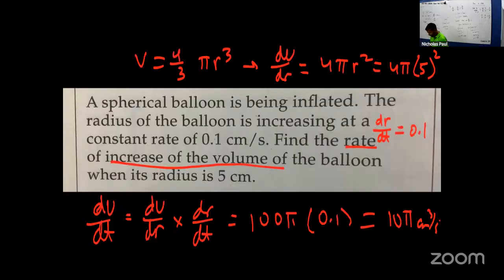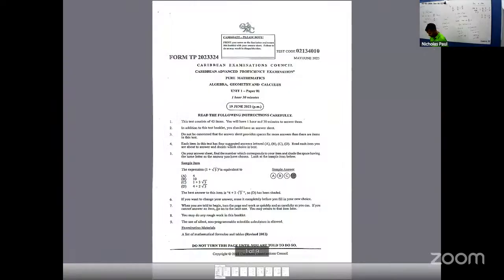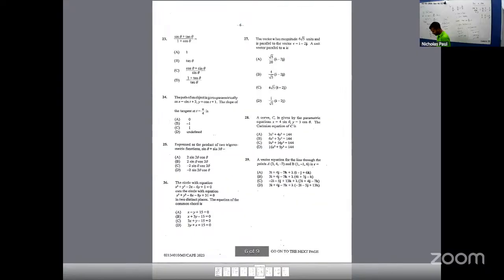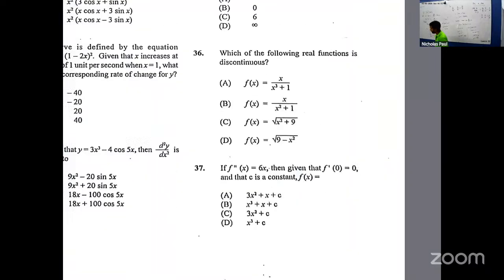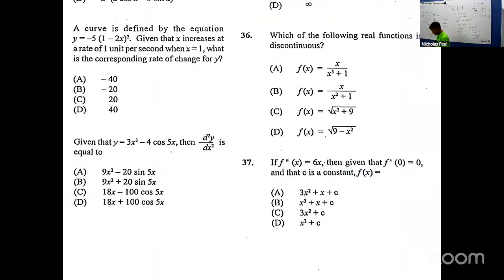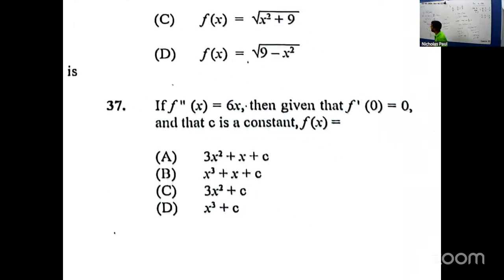Right, let's squeeze in one more now. Try this fast, 30 seconds.